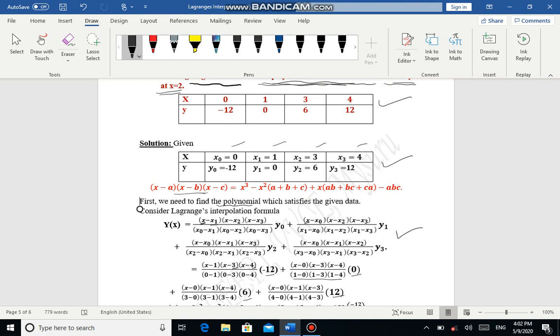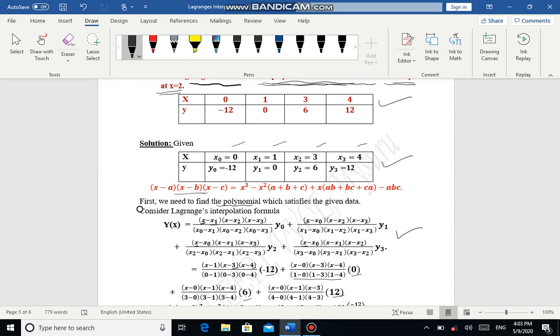So this is the difference between the previous type of problem and this type of problem. So here I am finding a polynomial. So in the formula I will keep x as it is. I won't replace anything and replace the remaining given data.